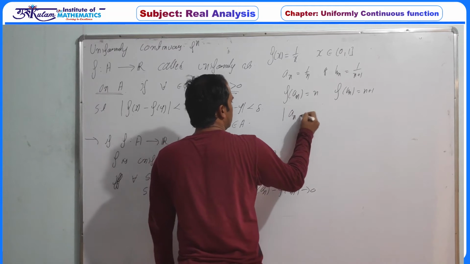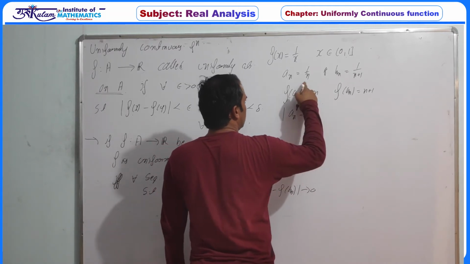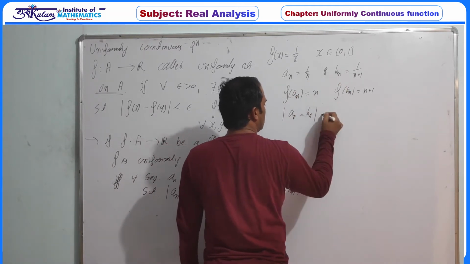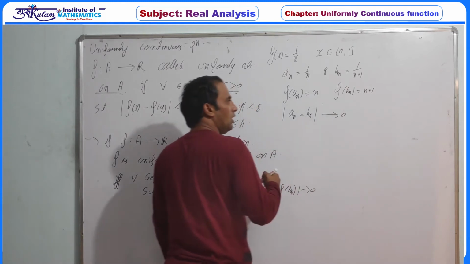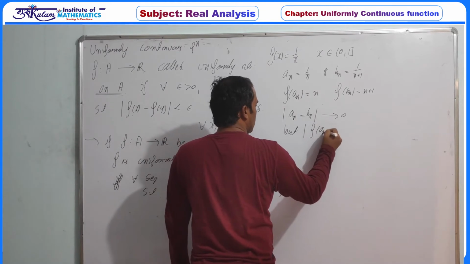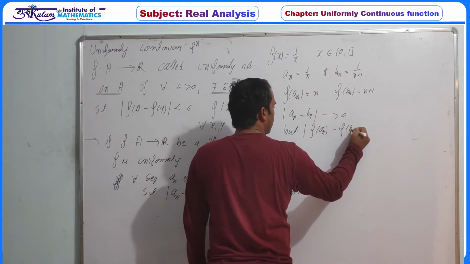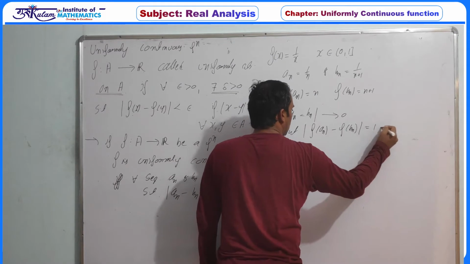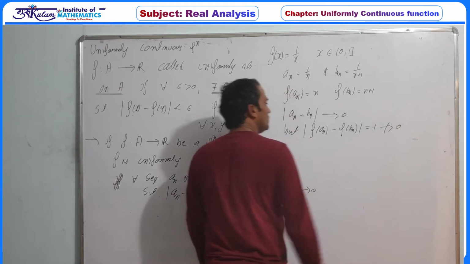Now the distance a_n minus b_n: since a_n converges to 0 and b_n converges to 0, this definitely converges to 0. But the distance between the images f(a_n) and f(b_n) is equal to 1, which is not converging to 0.